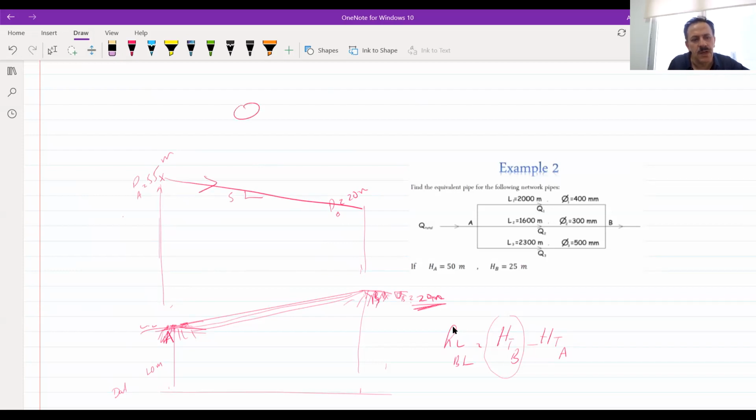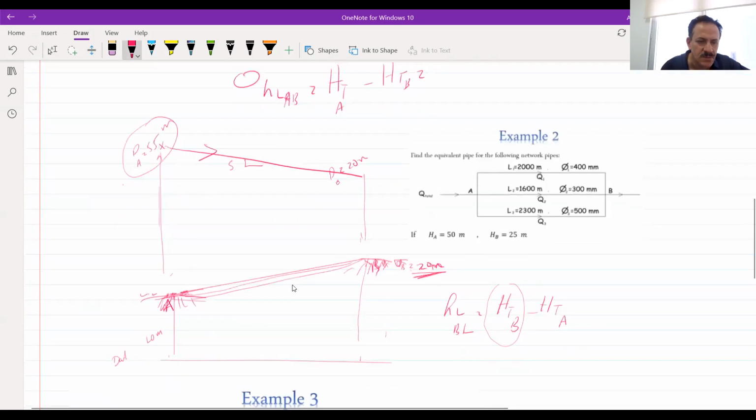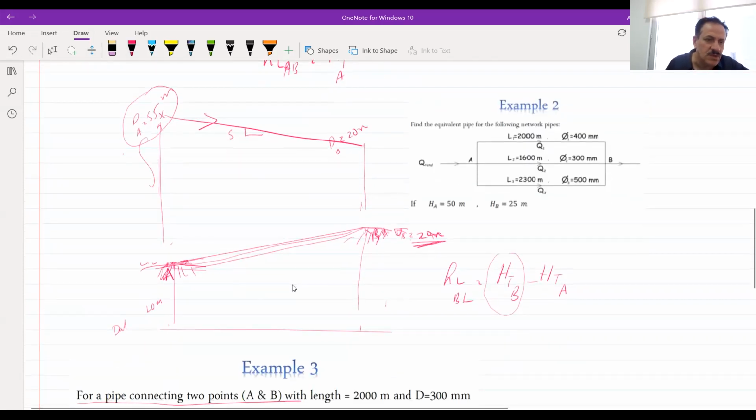So the head loss from A to B is equal to the total head at A minus the total head at B. How much is the total head at A? It's 55. This is only the pressure, you have the 10 meter elevation, because the total head is equal to elevation head plus the pressure.